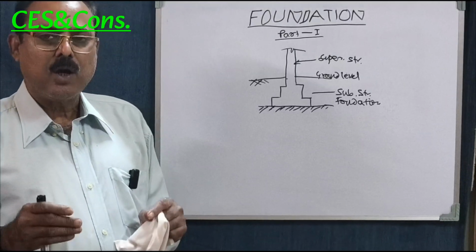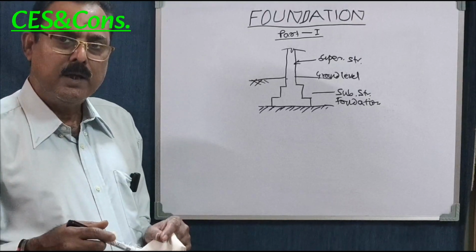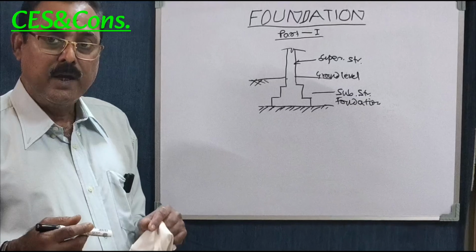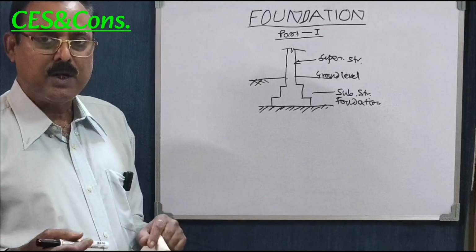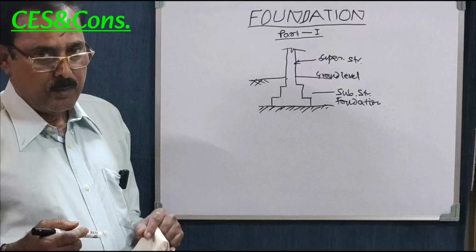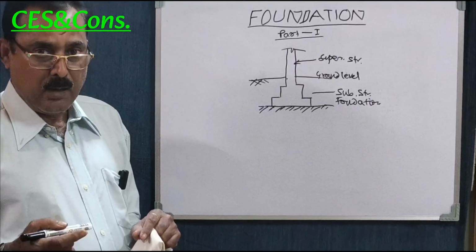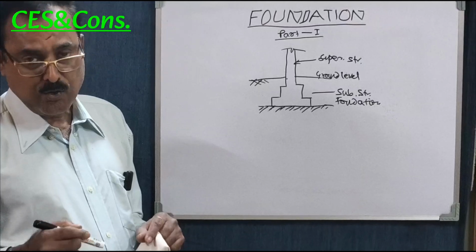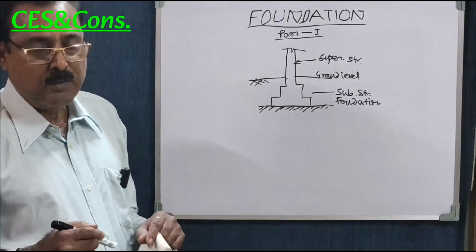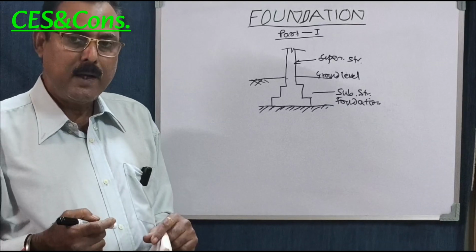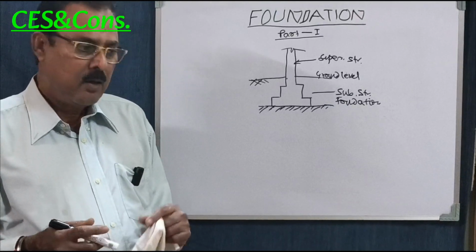If any damage occurs in the superstructure, it can be rectified easily. But a failure in the foundation cannot be detected, and after detection, repairing is very difficult as it is embedded in the earth.